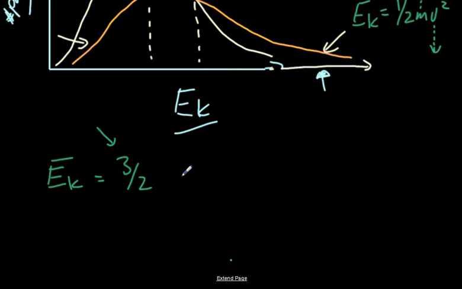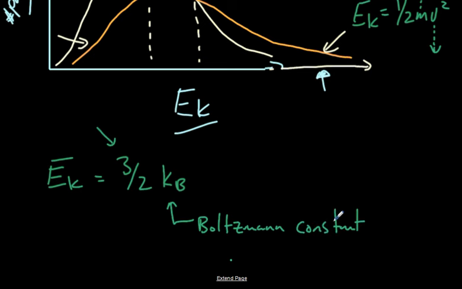Then there's a constant, and it's called the Boltzmann constant. It's a number. And T being Kelvin temperature. So what this is saying is you can find the average EK of a particle just simply based on the Boltzmann constant and the Kelvin temperature.